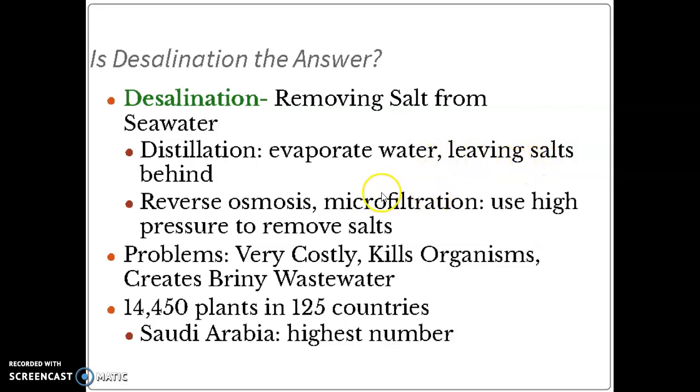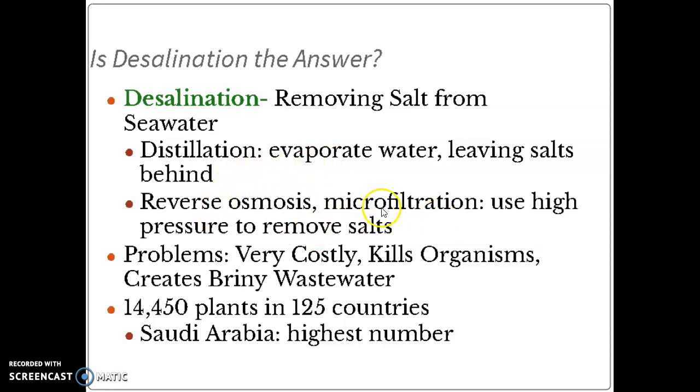And that's what, when you go to the store and buy distilled water, that's what happens, it's been evaporated, so it's just pure water. The vapor is caught, and it slowly sinks back down and condenses and gets collected. And the salts get left behind.